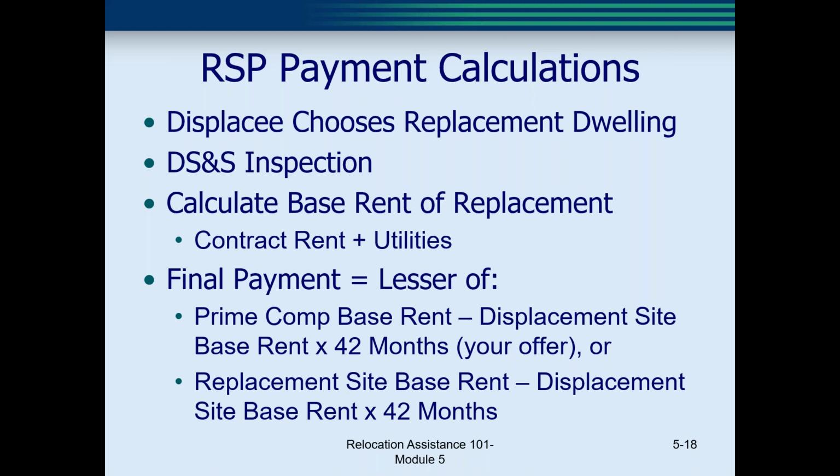So once you complete your DS&S inspection and you complete the RE 616, that is the DS&S form, which we also reviewed in a previous module, you will need to know the contract rent and what utilities the tenant will be responsible for to calculate their RSP payment.